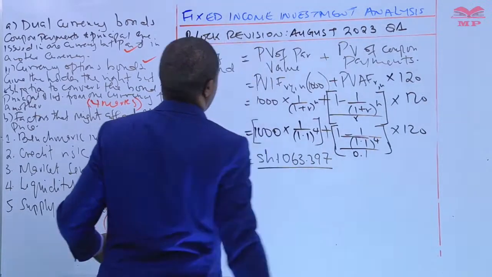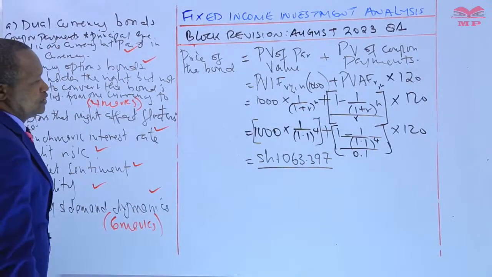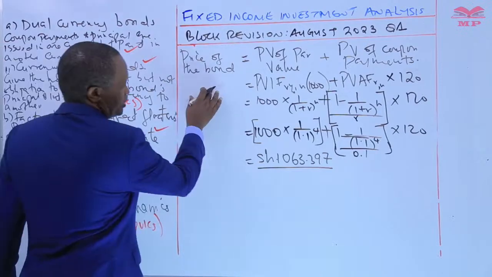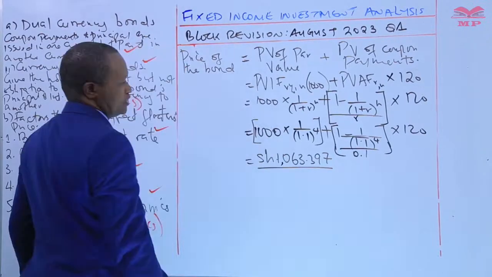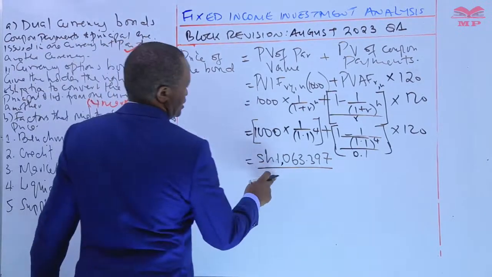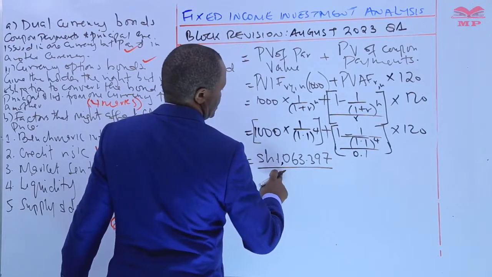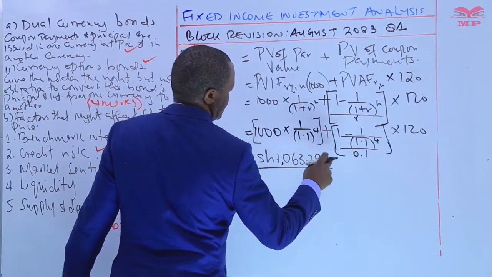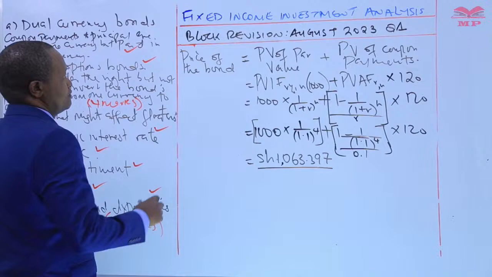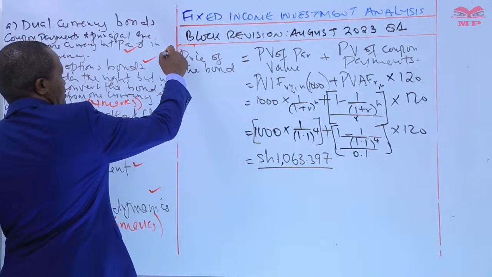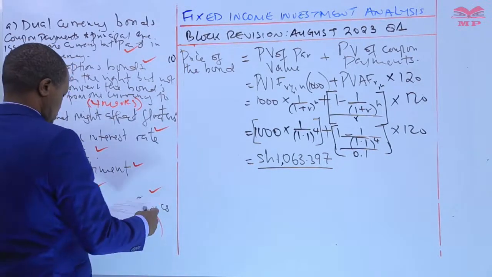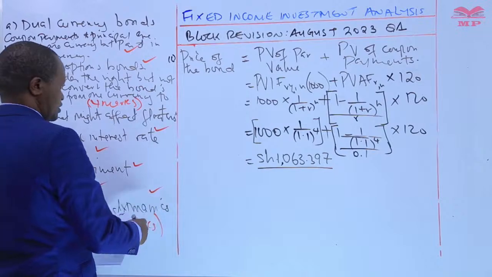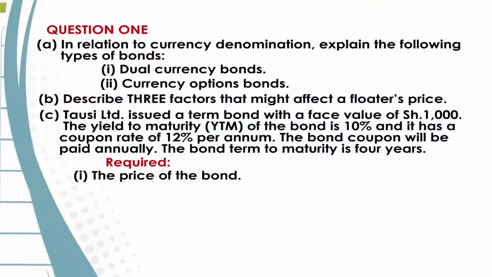So that is the value of the bond. The price of the bond is 1,000 shillings, 1,063.397 cents. This is part C, Roman 2.